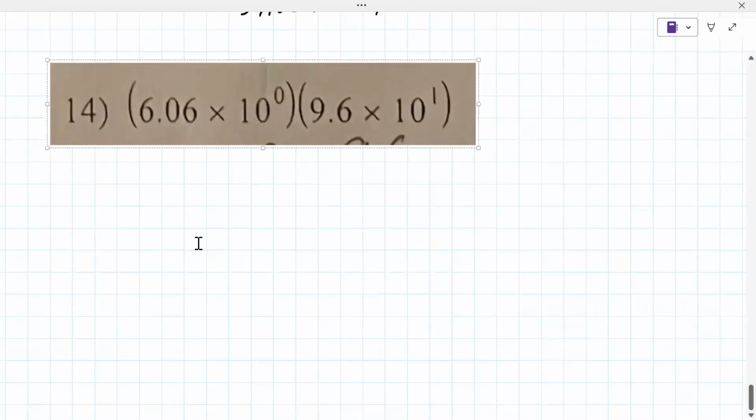Okay, so 14 is the same. You got 10 to the 0 and 10 to the 1.